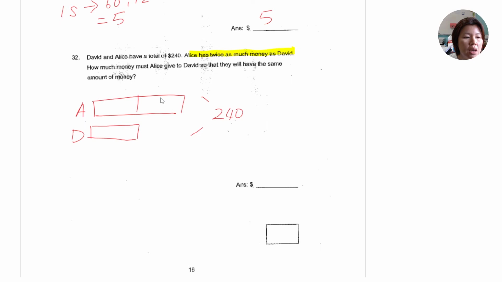So since they're sharing and they must be the same, so one big box I cut into 2, the rest I must cut into 2. So actually I have 1, 2, 3, 4, 5, 6. So 240 I will divide by 6 to find 1 unit, which will give you $40. So how much must Alice give to David? So Alice give 1 unit, which is $40.